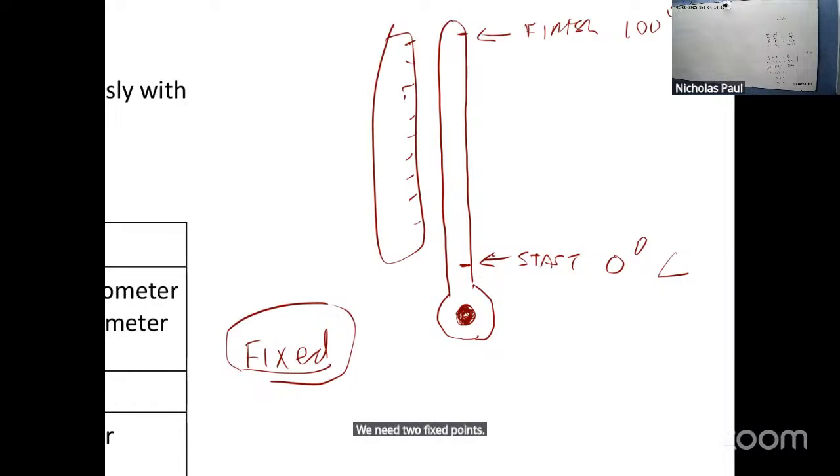Number one, the upper fixed point: the temperature of steam above pure boiling water, under standard conditions.